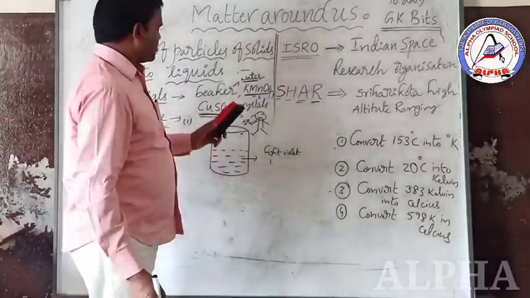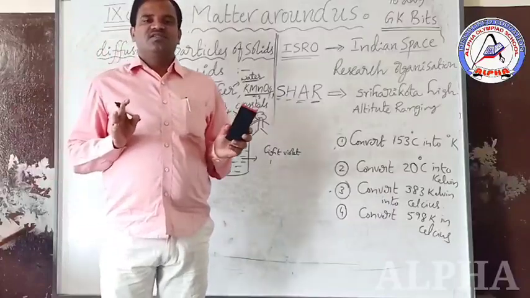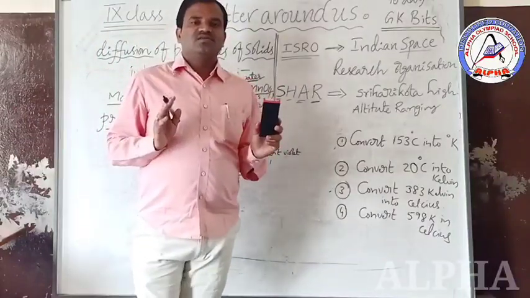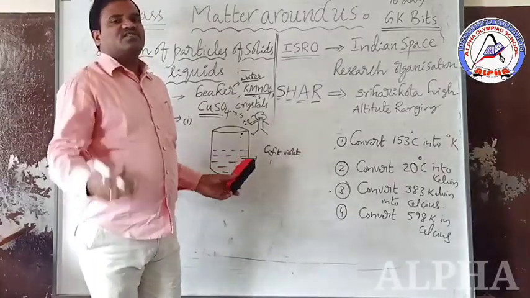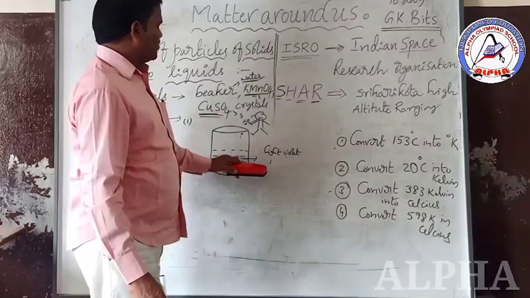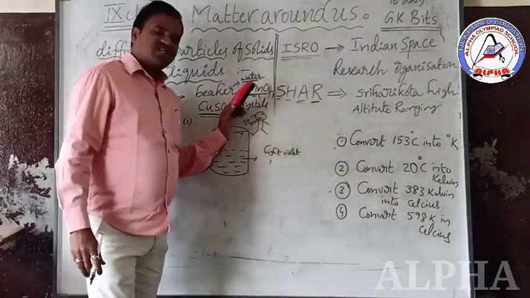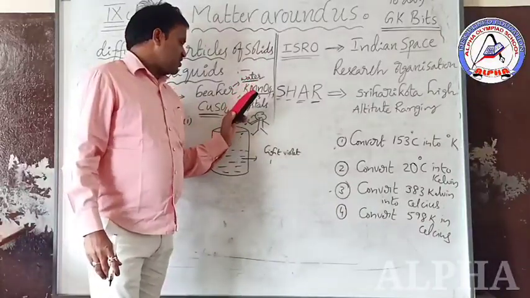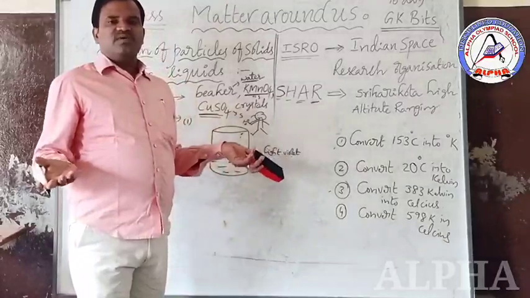Now if you observe clearly, the copper sulfate crystals do not diffuse into the water immediately. After a certain time, the copper sulfate crystals are dissolved in the water because they are diffused. What is meant by diffusion?